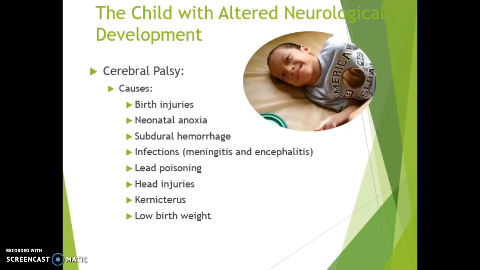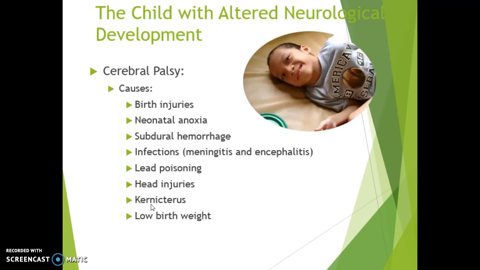And I said on the previous video, birth injuries, lack of oxygen at birth, subdural hemorrhage, infections, lead poisoning, head injuries, kernicterus, which is, if you don't know, severe jaundice. What happens is the bilirubin is traveling through the bloodstream and we're trying to get rid of it.